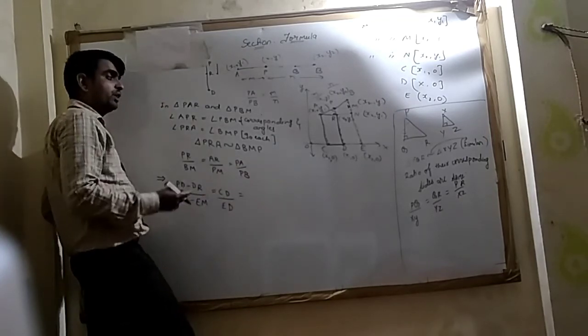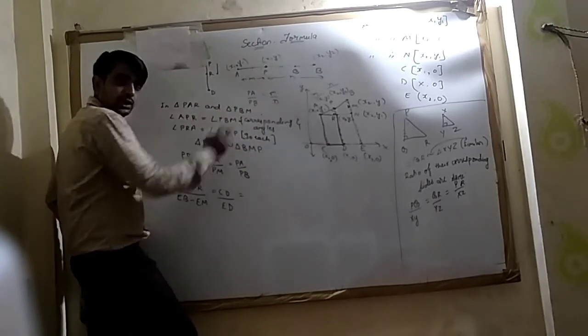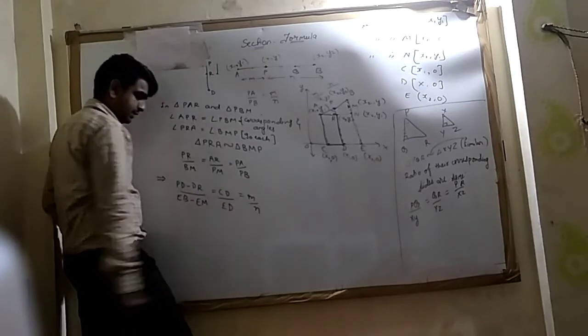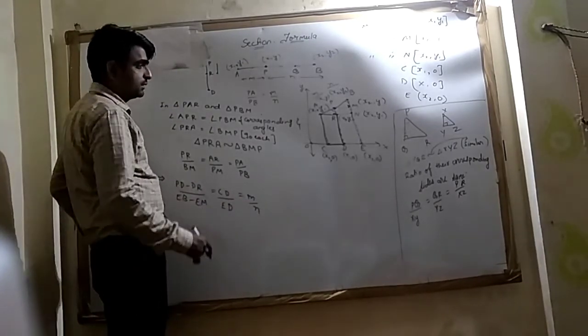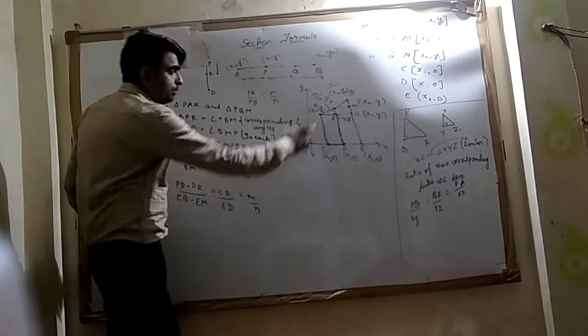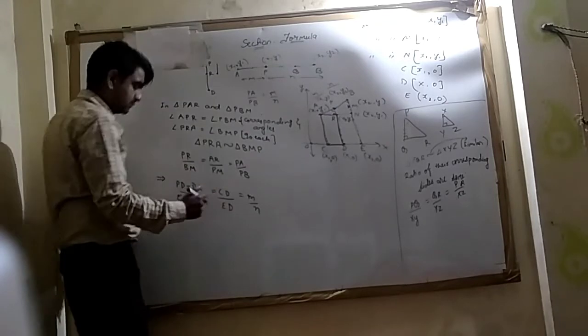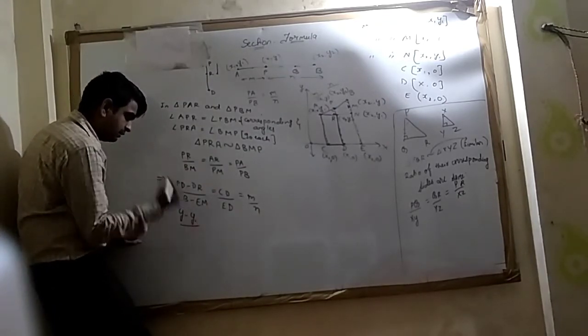PA upon PB, we have assumed earlier. See, PA by PB is M by N. So instead of PA by PB, I can write M by N. Now see, PD minus DR. PD is Y and DR is Y1. So it will be Y minus Y1.